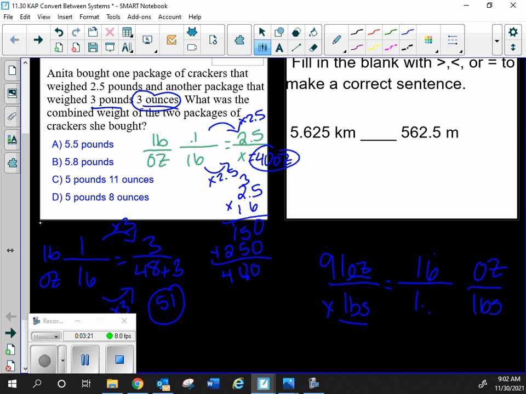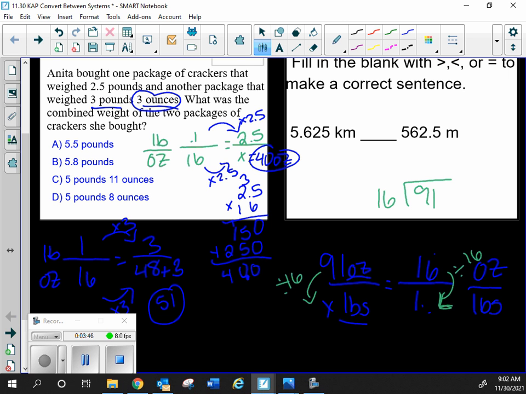Math. Do y'all want to go up and down or side to side? Up and down. Work towards my x. How do I go from 16 to 1? Up. Divide by 16. That's why those arrows are super important. Going from a bigger to a smaller, I'm dividing. Okay, so we need to do 91 divided by 16.